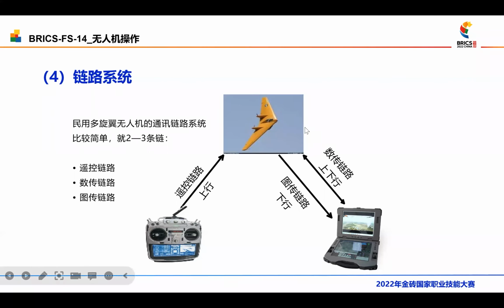Data transmission link is a two-way link composed of ground data transmission radio and sky data transmission radio. The image transmission link is a one-way downlink composed of the transmission module on the UAV and the receiving module on the ground.